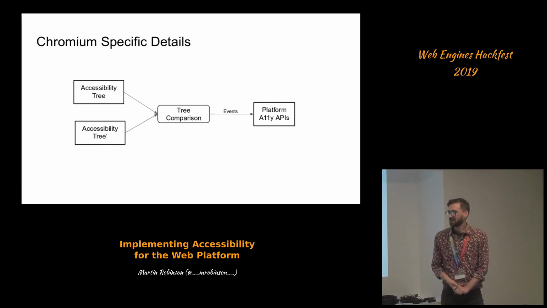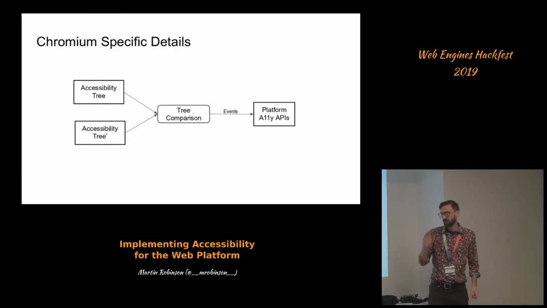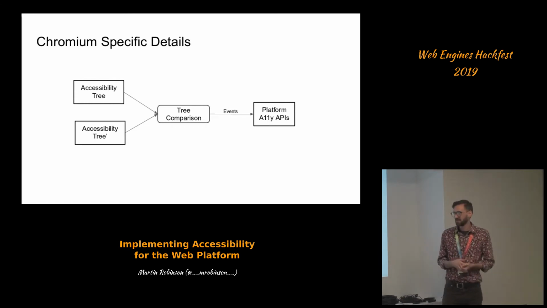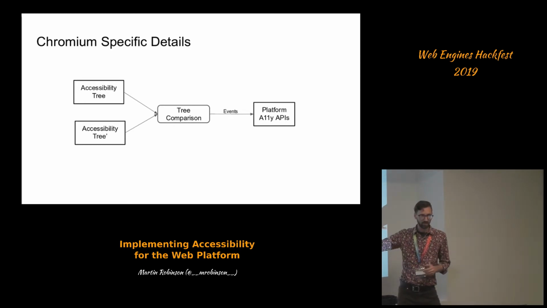And finally, this is something specific to Chromium, but I just wanted to explain it because I think it's interesting to explain the next section, which are events that can be triggered from the browser that touch the assistive technology. So essentially the way this works in Chromium is the page changes, and you had an old accessibility tree and a new one.